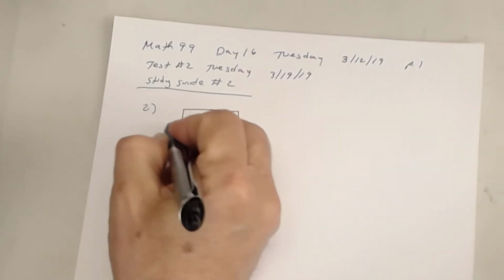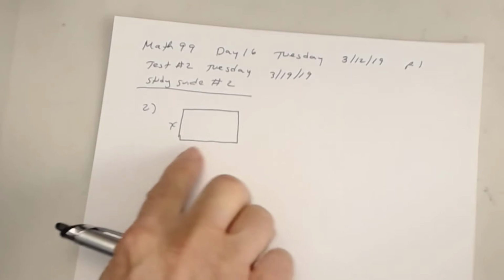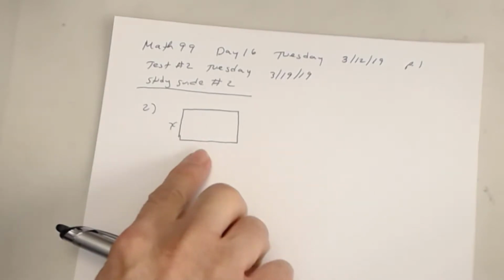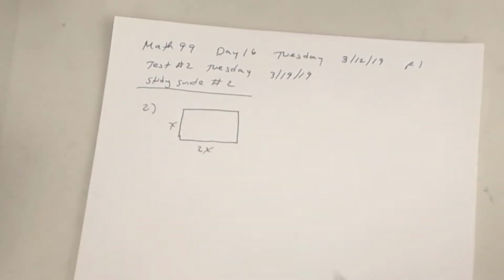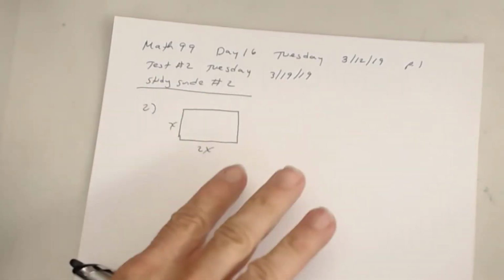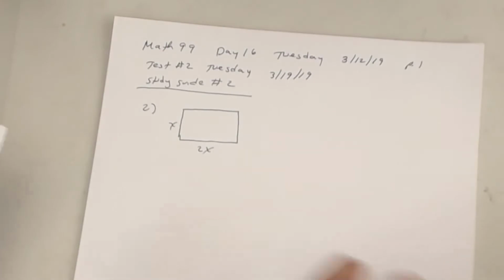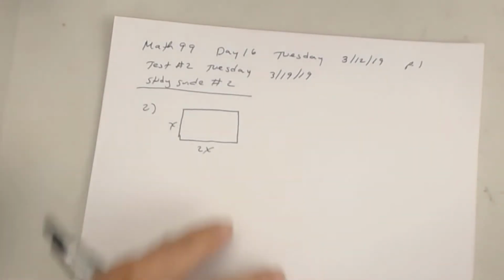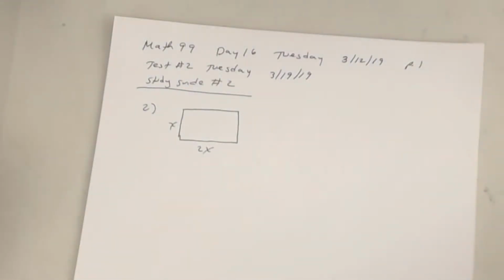If this is x, then how would you represent the length? Not x squared, 2x, right? Twice its width. That's all they want in number 2. They just want you to represent the conditions. Now you're going to use that information in a little while to set up an equation.